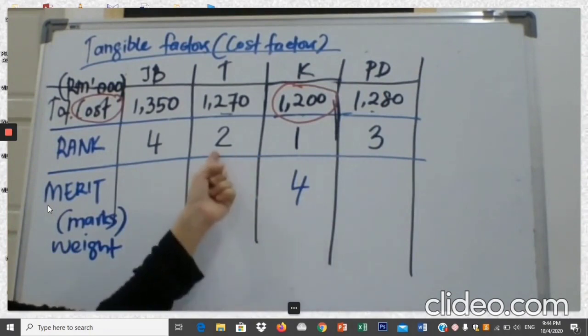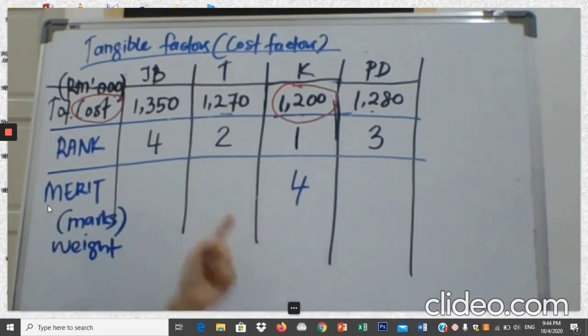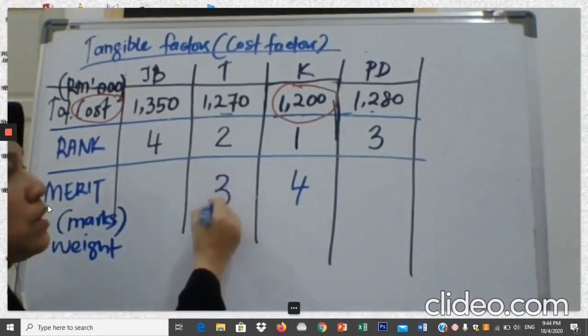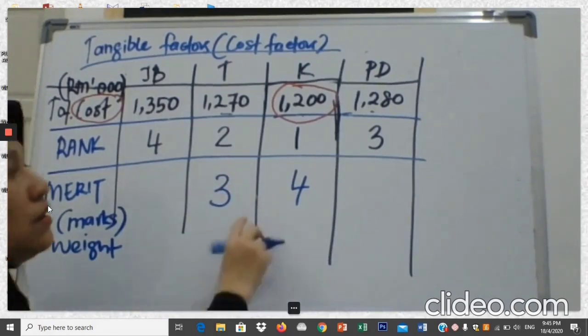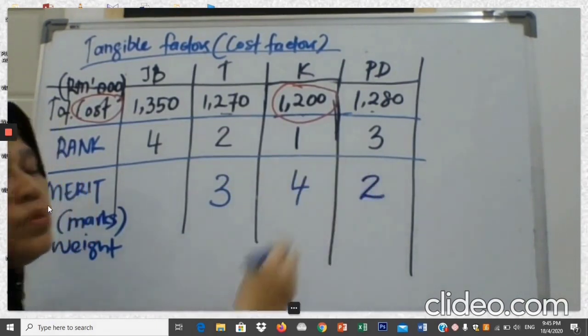For the first rank, the best one, the highest mark is given. The second rank will be given the second highest marks. So this will be 3 marks given to Tapah, which is in the second rank.